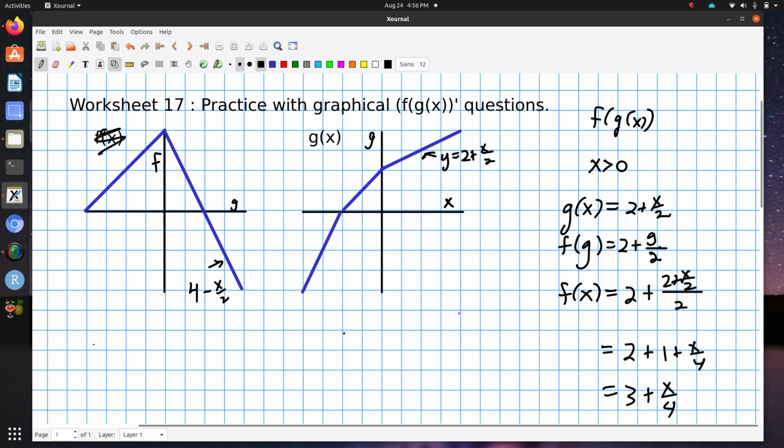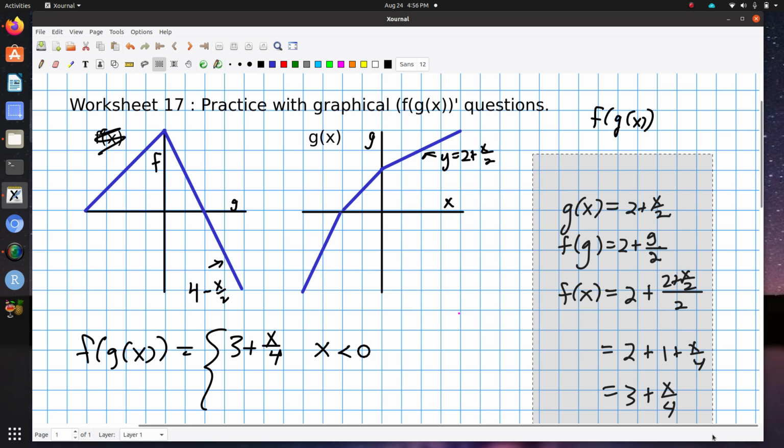So if we're going to have a grand unification theory for these guys, I just made that up. It's very silly. Okay, so it's 3 plus x over 4 when x is less than 0. Okay? Now, there should be another range in here when x is between negative 2 and 0. Right? So what if x is between negative 2 and 0?